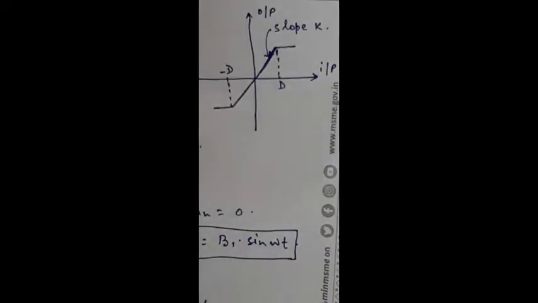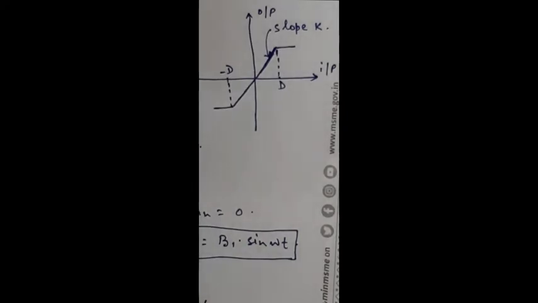So this is the basic characteristic curve of the saturation nonlinearity. On the x-axis there will be input parameters and on the y-axis output parameters, and we can see that the characteristic curve is linear initially, and after a certain point there will be saturation in the system, and then the system will become nonlinear.